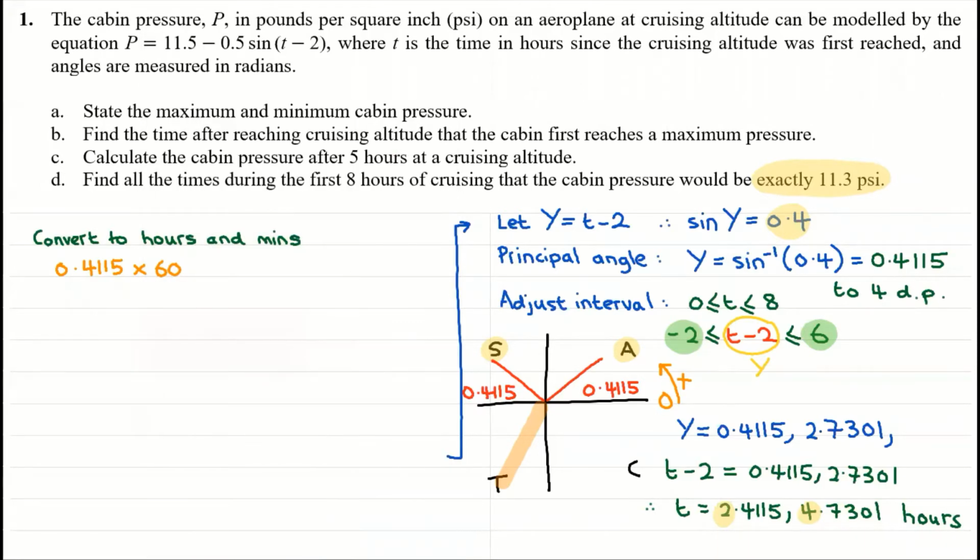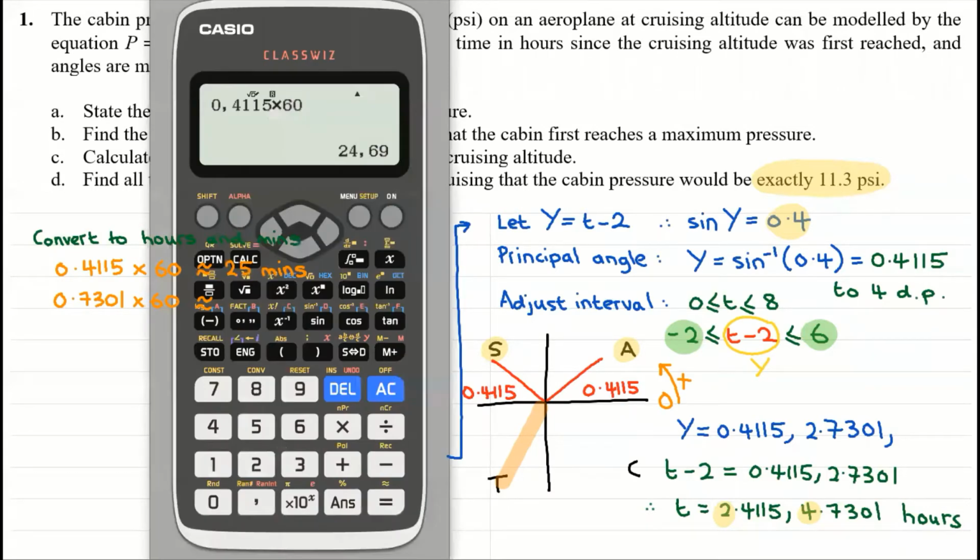Let's get that written down. So it's about, I'll put approximately, we're rounding, aren't we? We'll give it to the nearest minute. Okay, it doesn't specify, but just in case, and this might come up in an exam, and 0.7301, if we multiply that by 60, what is that going to be in minutes? Well, okay, we can do the same thing.